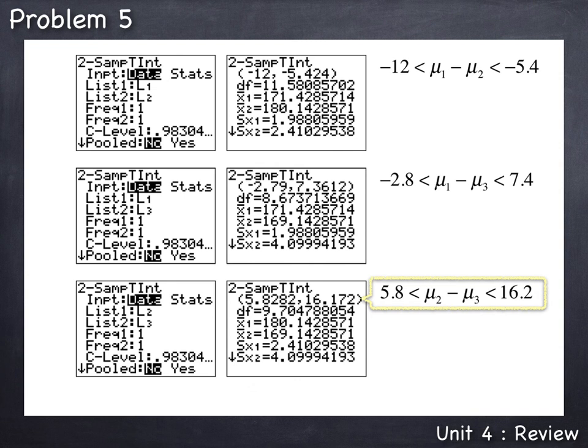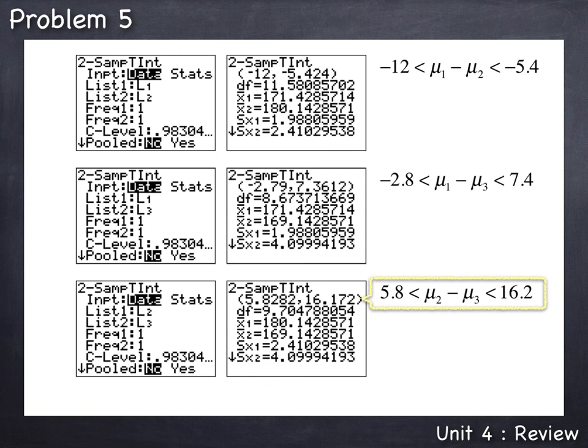Since 5.8 is positive and 16.2 is positive, this means subtracting mu2 and mu3 led to a positive difference. Positive differences are the results when the first value is higher and the second value is lower. That's because a higher mean subtract a lower mean always leads to a positive difference.